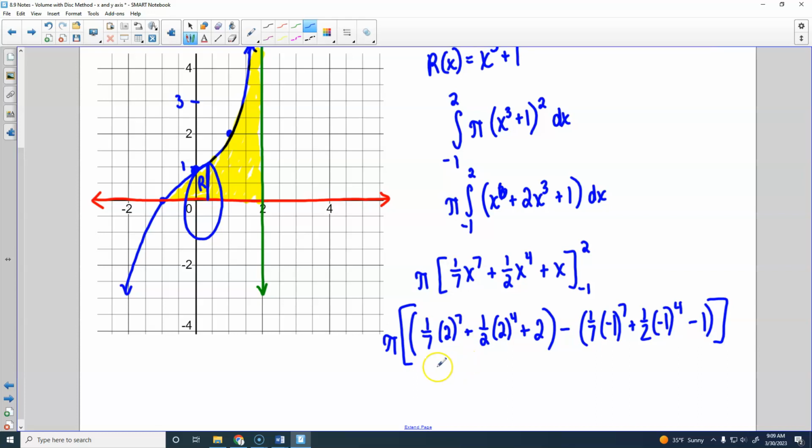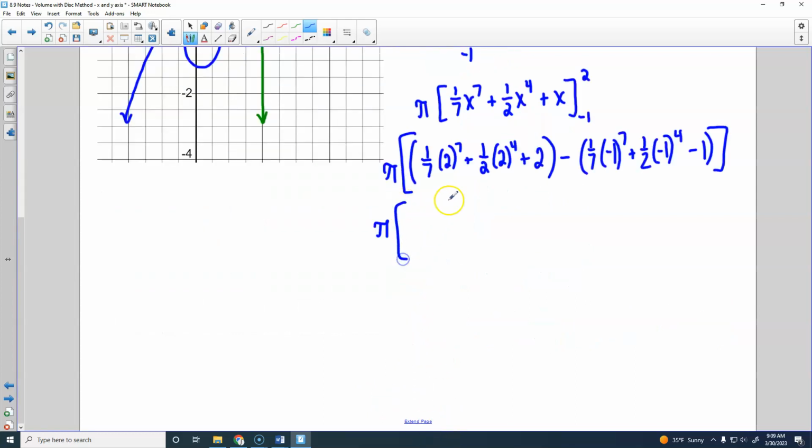What is 2 to the 7th going to be? This is definitely the upper limits of what you're going to have to do without a calculator. 2 to the 7th: 16, 32, 64, 128.